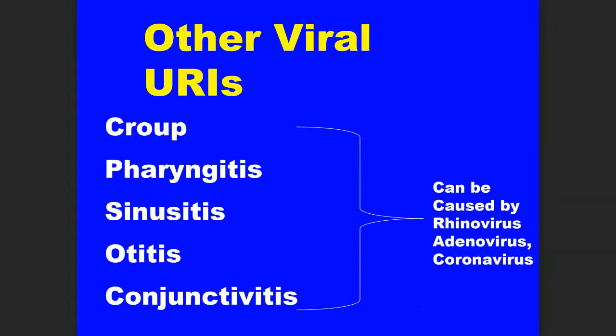Croup can be caused by the rhinovirus, adenovirus, or coronavirus. So, I don't want you to think that it's always one organism causing one disease. A lot of these organisms can cause a lot of these other things, depending on what part of the body they infect.